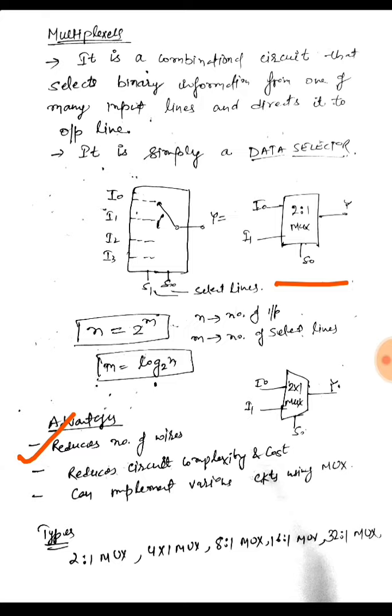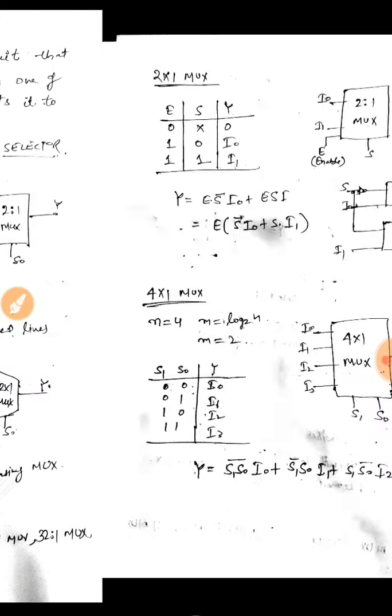It can be represented as this type of box. There we can have 2:1 mux, 4:1, 8:1, or up to 32:1 mux. We can have further muxes with a higher number of inputs than these as well.